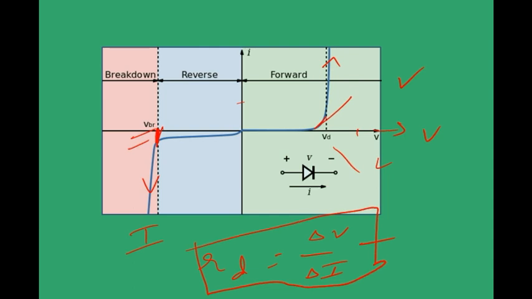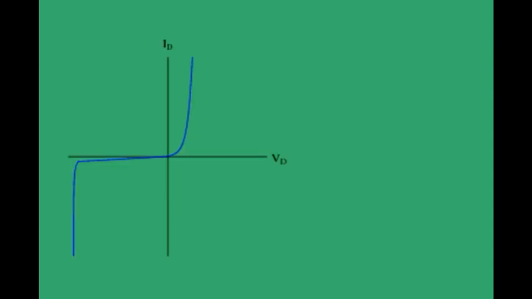If you want to calculate the resistance at a point, you have to take the respective values that are near to your situation. Say, solve this example. This is a silicon diode, and say at one point the diode current was 15 milliamperes at this point, and say it was 20 here and 10 here.